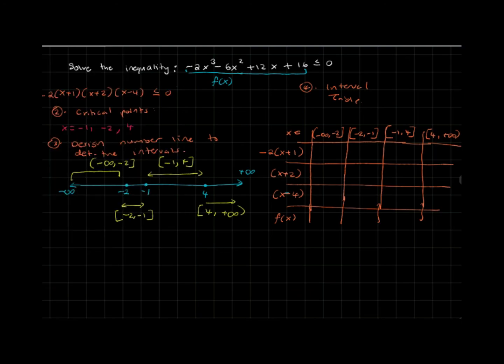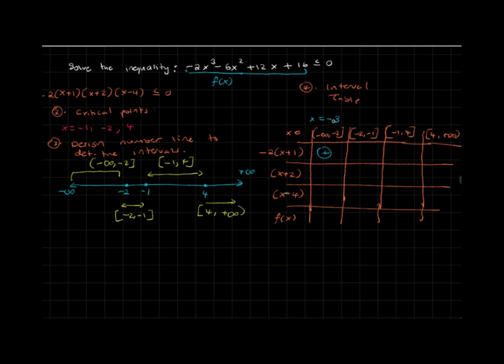Okay, and then I'm going to pick a value from each interval, so I'm just going to show that using a different color. Let's say between negative infinity and negative 2, I plug in x equal to negative 3. If I plug in negative 3, you get negative 3 plus 1, which is negative 2, times negative 2, that's positive. So you have to test out one value for each column, and then you can figure out the signs of each interval.